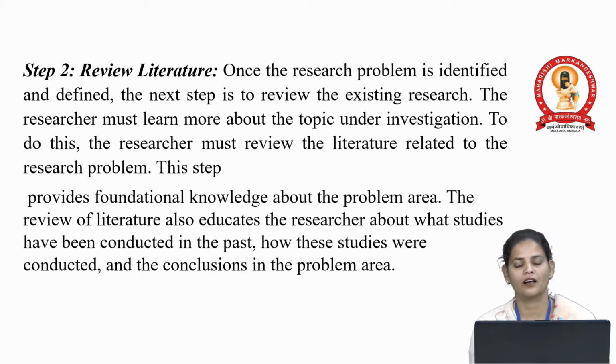Suppose some research has already been done in that area. So, you have to find out what you are going to do differently in that area. You have to find out the research gap, which is very important, and to find that gap you have to review lots of literature that helps you in your research journey.